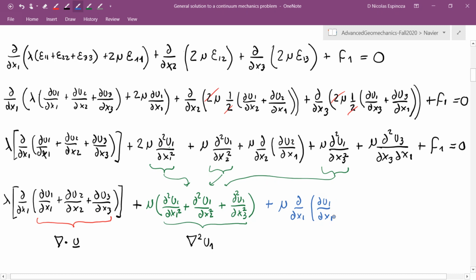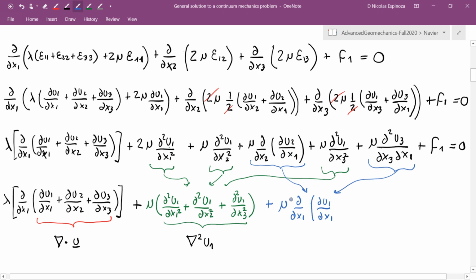And notice that for this term and for that term, I can bring this into what is going to be this term over here, and I'm going to use the property of the cross partial derivatives, so I can write this equation but with this dx1 to go first and the dx2 to go second.